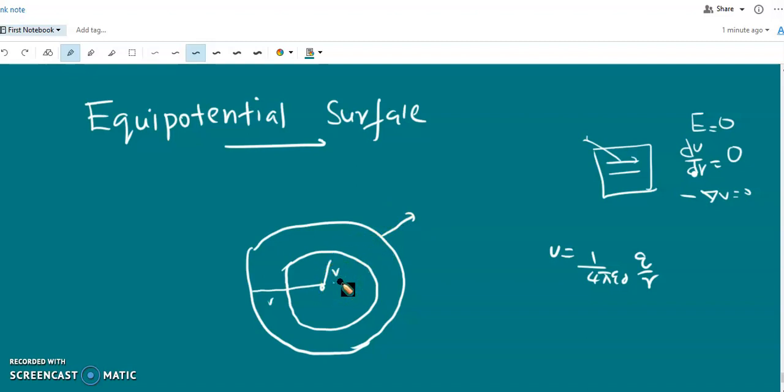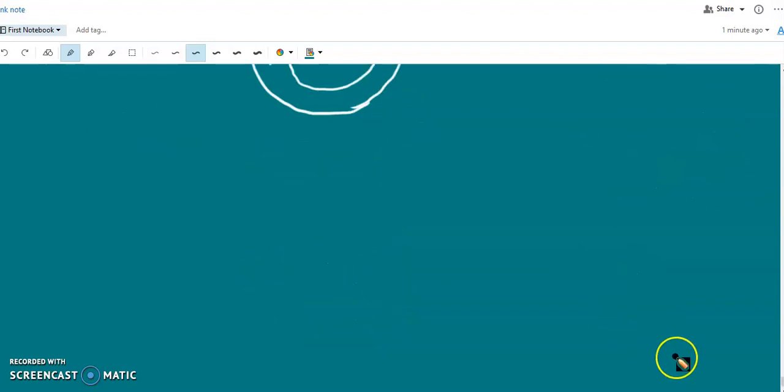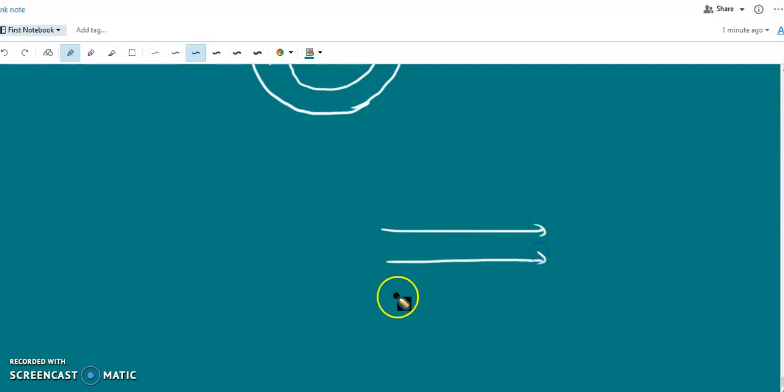Now suppose we have a set of field lines like this. Field lines represent the direction of the electric field. Since the field lines are parallel, this represents a uniform electric field.